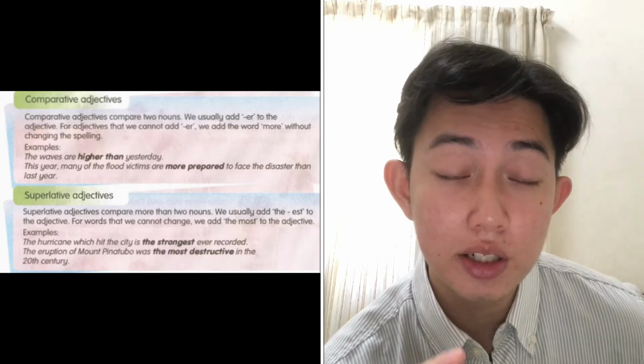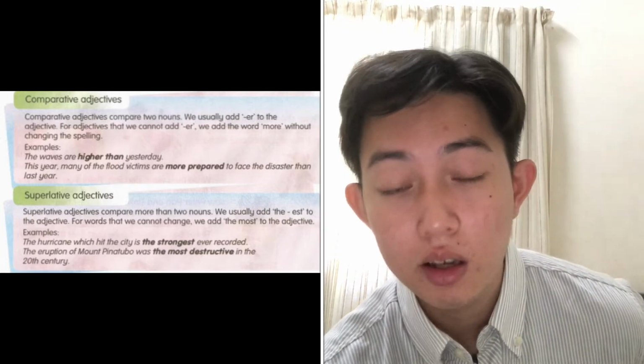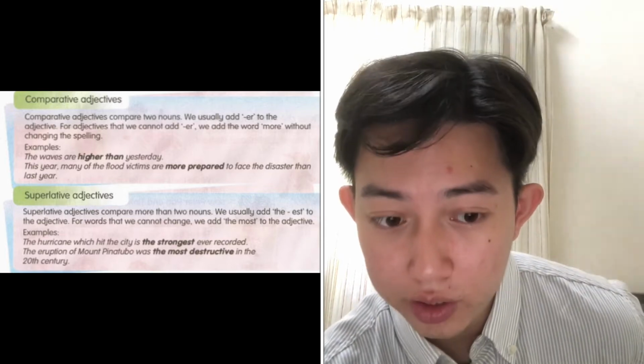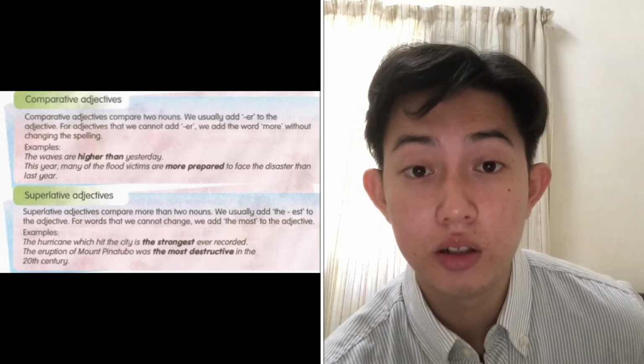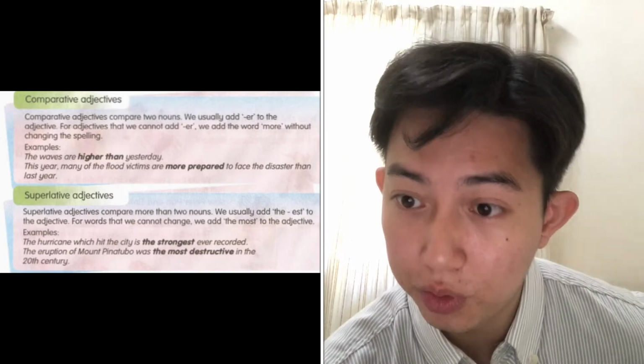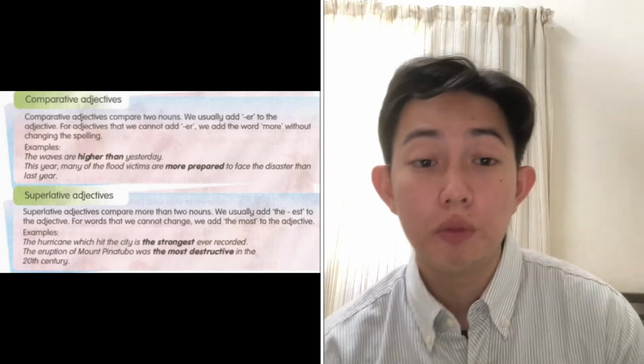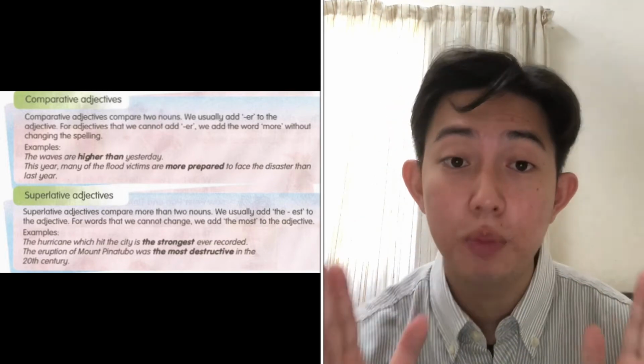So instead of putting est, we put the word most in front of the adjective. For example, the most destructive, the most beautiful, the most prepared. Okay, so these are examples of comparative adjectives and superlative adjectives.